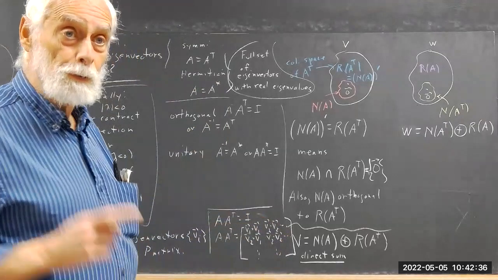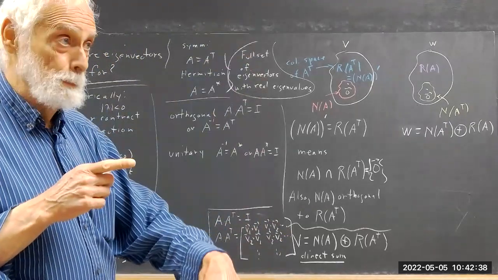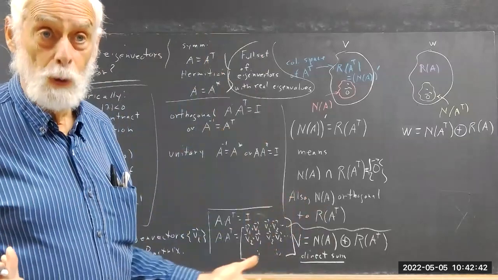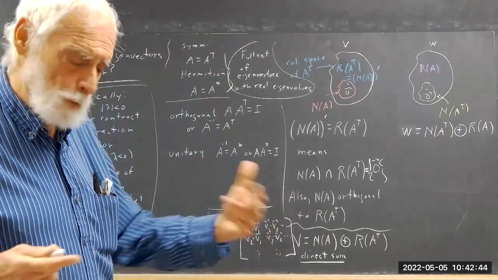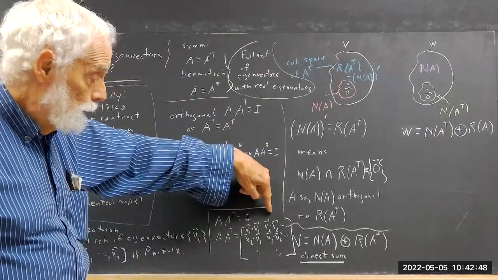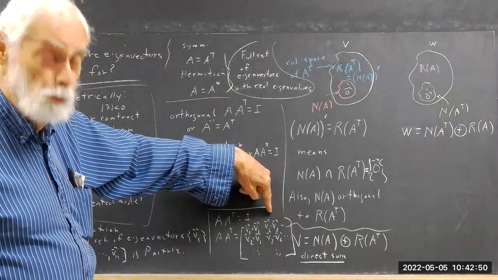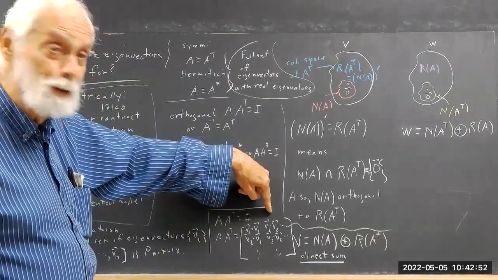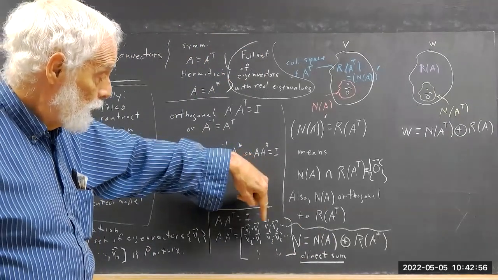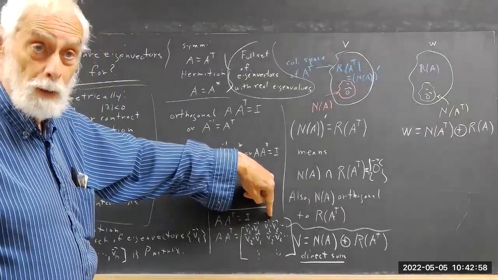V1 dot V2 is row 1 dotted with column 2, which is row 2. And that's got to give you 0. So V1 dot V1 is 1, V1 dot V2 is 0, meaning that V1 and V2 are orthogonal.